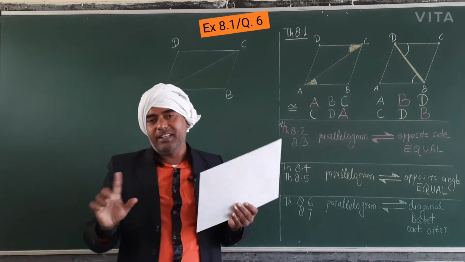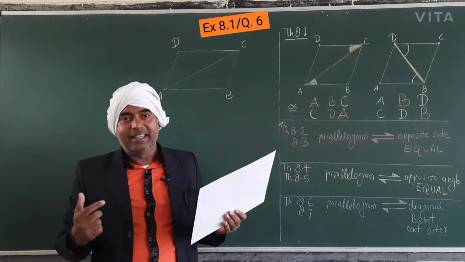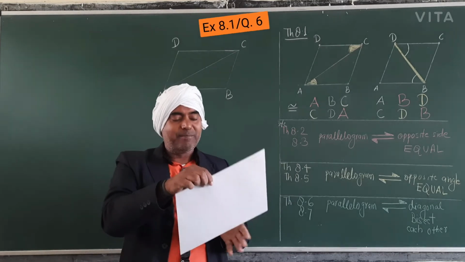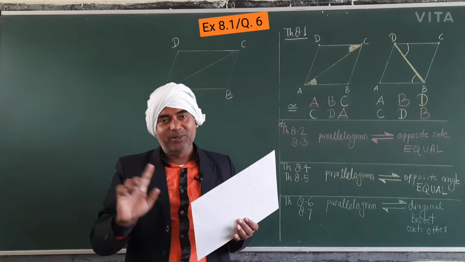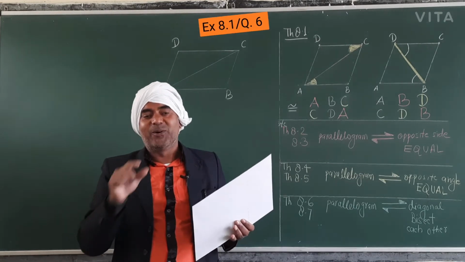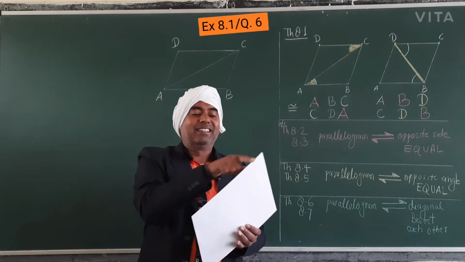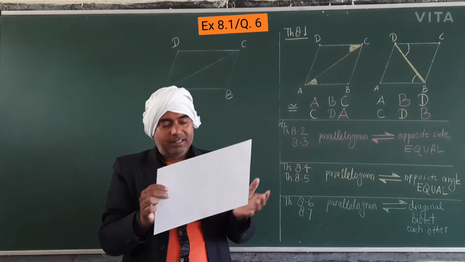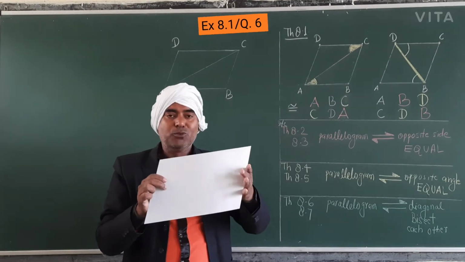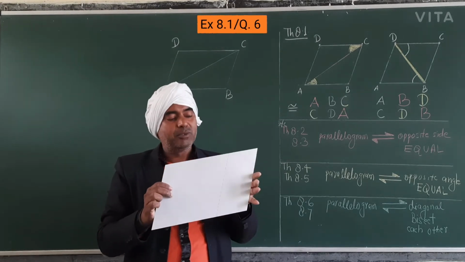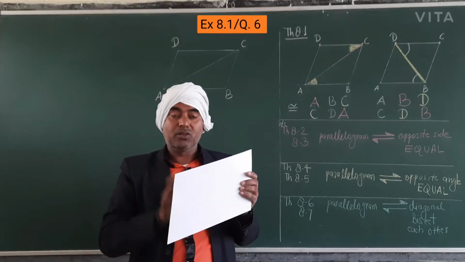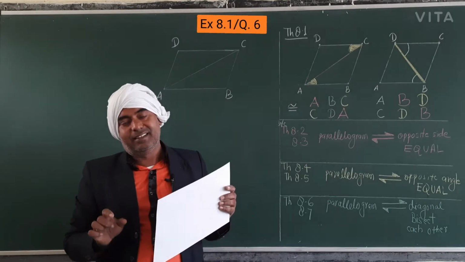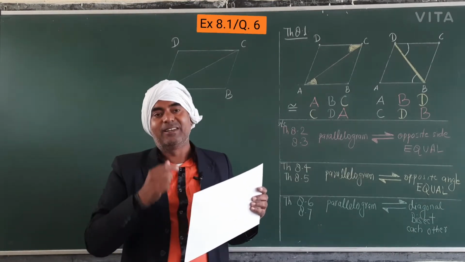If we don't have any instrument to measure angles, no need to measure parallel or parallel. Only measure this length and this length. Opposite length is equal, this one pair and this two pair. Only length measurement. If the opposite lengths are equal, two pairs of equal length, then it will be a parallelogram.